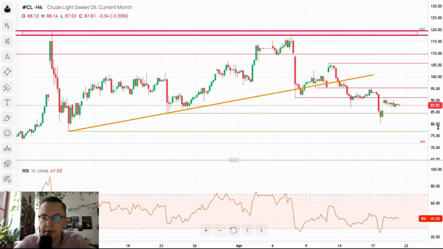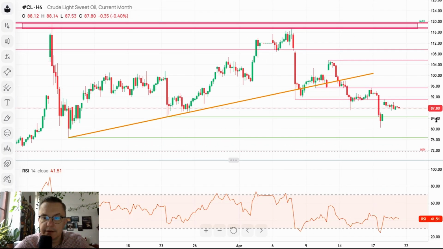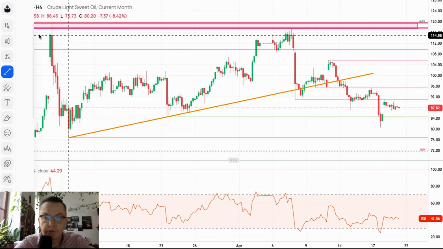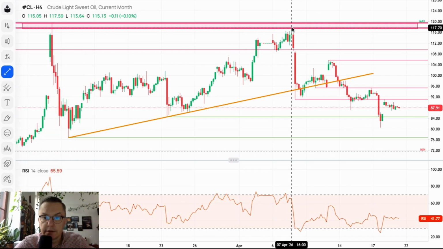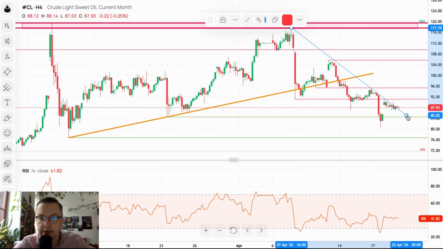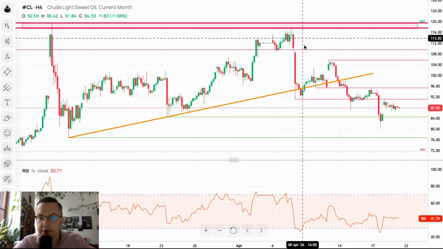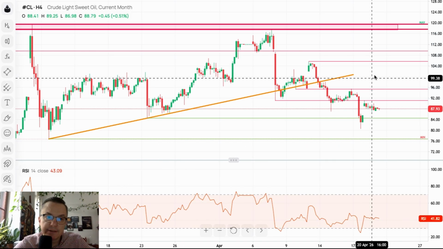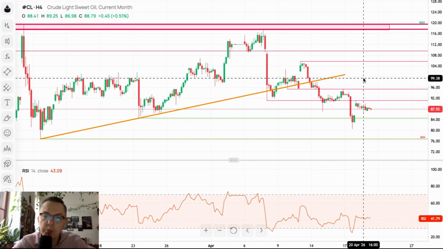Crude oil going lower, and there is no indication so far that this commodity should be going higher. You can see some sort of technical line here, maybe some kind of a trend line. Nevertheless, please notice that due to the geopolitical situation, any technical analysis might be blown very quickly.